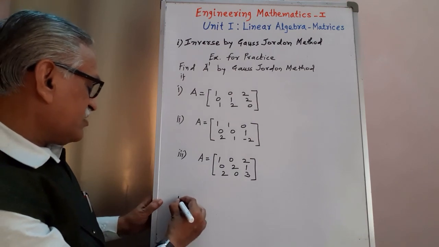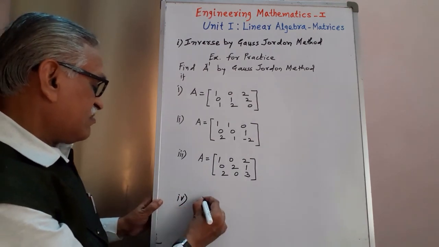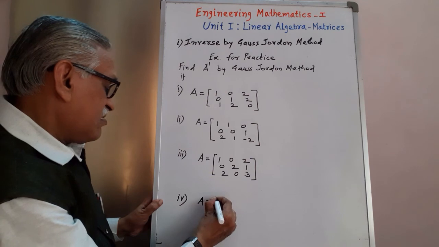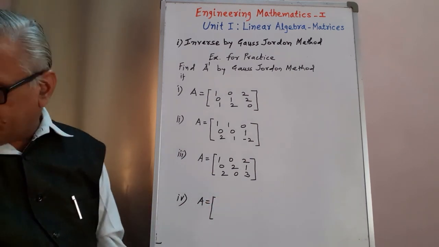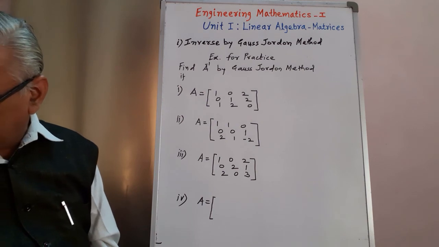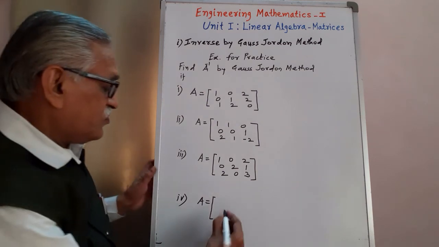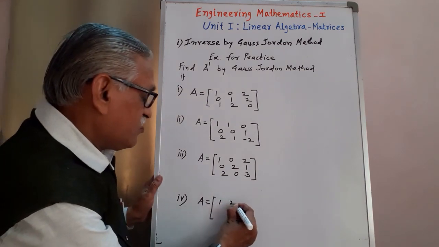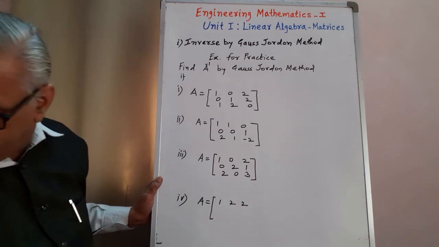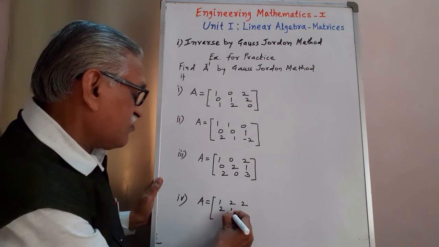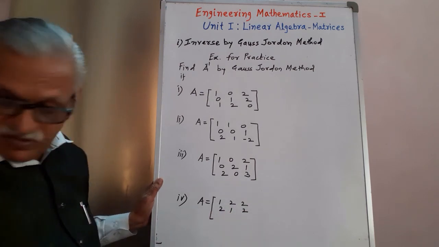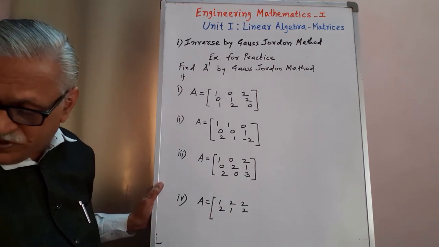And the last one, the fourth one, A is equal to [1 2 2; 2 1 2; 2 2 1].